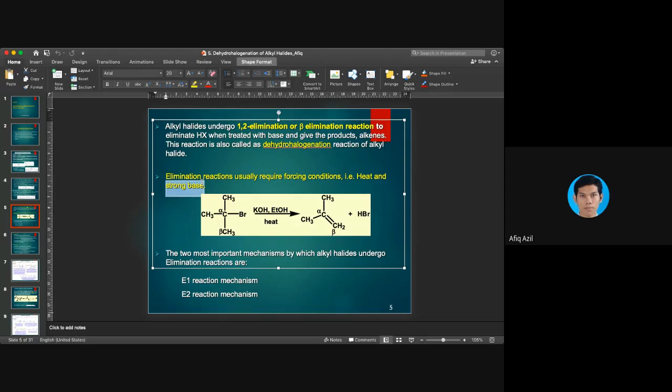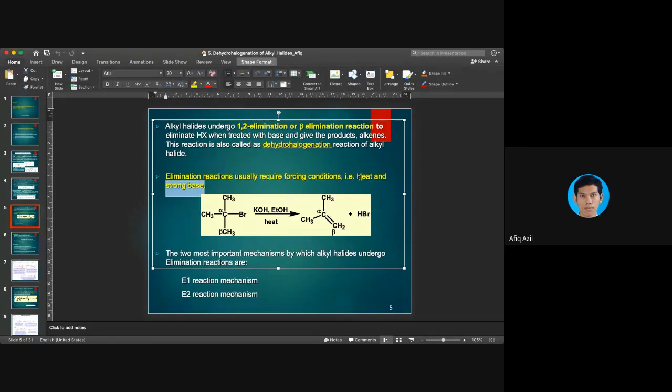Semua base adalah nucleophile, tapi bukan semua nucleophile adalah base. That means all of these bases are considered nucleophiles and can be used also in substitution reaction. But the nucleophile that you use in substitution reaction may not necessarily be a base, so it is not suitable for elimination reactions.